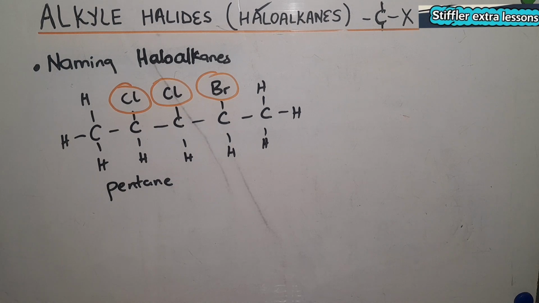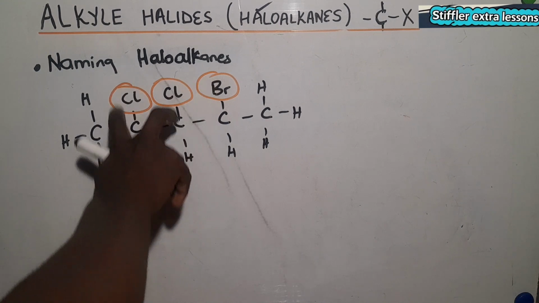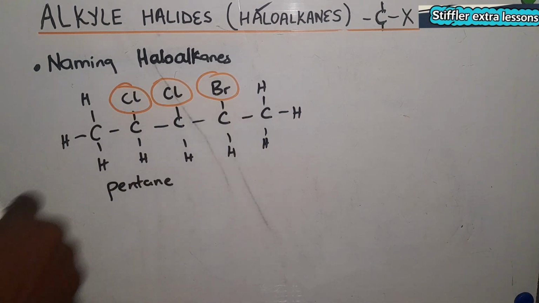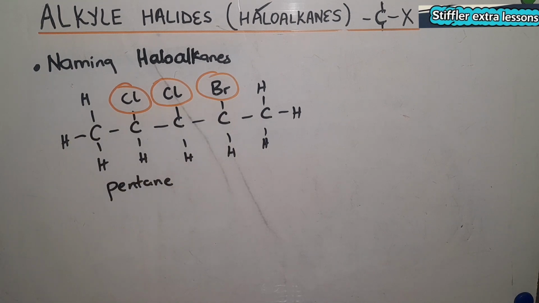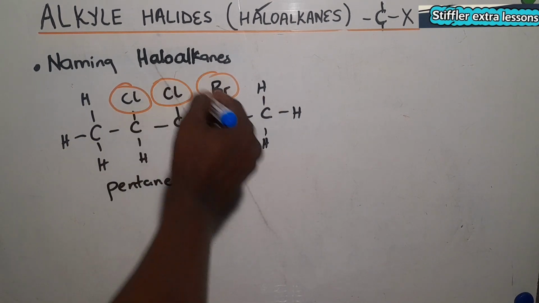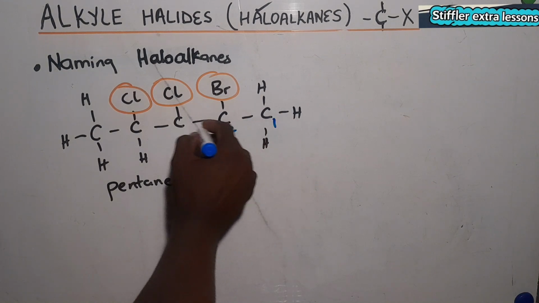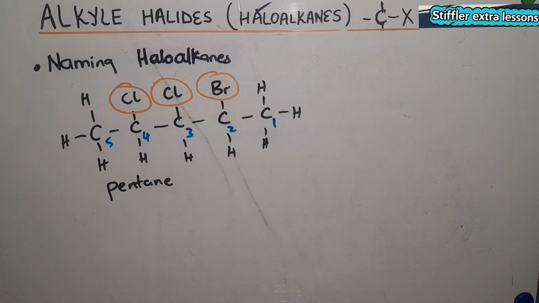But remember that we said we prioritize alphabetically if they are coming on the same position. So they're coming on the same positions from different ends. B comes before C, so it means that we are going to number our carbon atoms from this side because it is closest to B. So that will be 1, 2, 3, 4, 5, right?